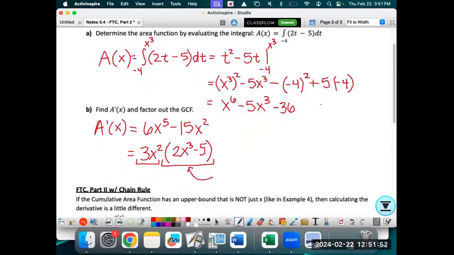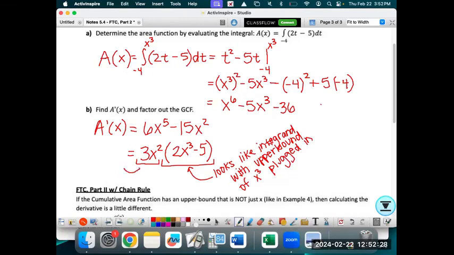This looks like the integrand, but with the upper bound plugged in. I think that's hopefully at least something that everybody should have noticed.